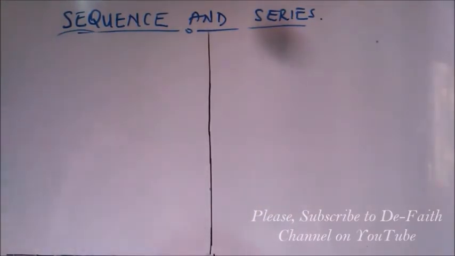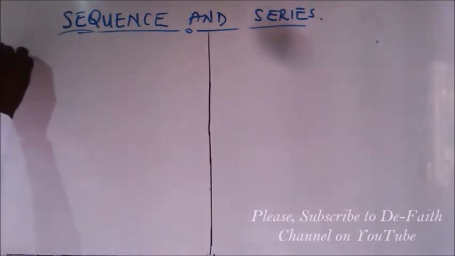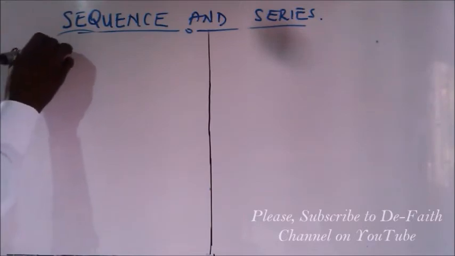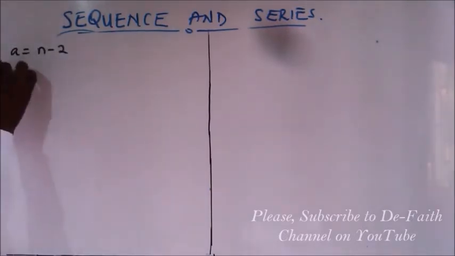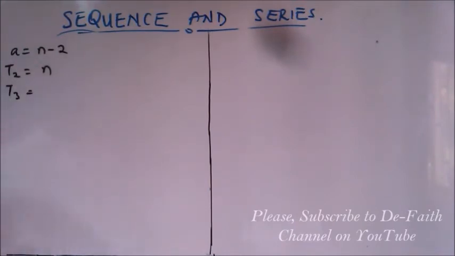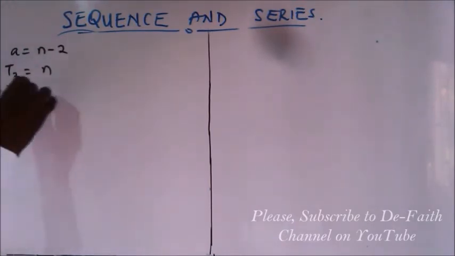Next question says, 3 consecutive terms of a geometric progression are given as n minus 2, n, and n plus 3. Find the common ratio. Here we have that the first term is n minus 2. We have a second term, that's t2, which is n. And we have a third term, which is n plus 3.